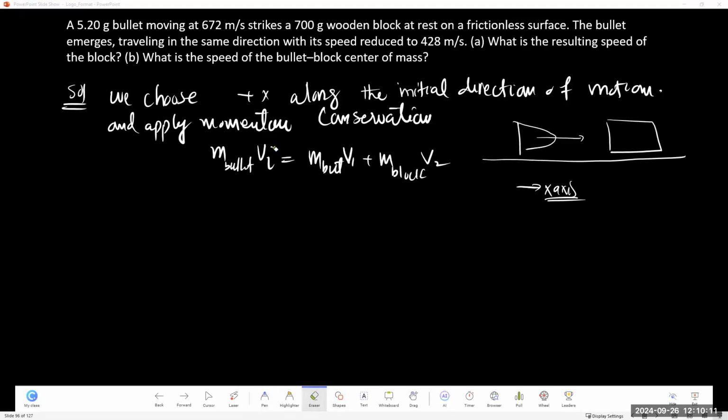Initially the block was not moving, so the block's initial velocity becomes 0 because the block was stationary. So this term does not enter the formula, so I'm just eliminating it.